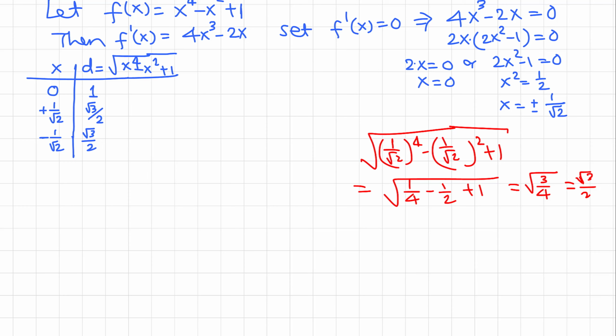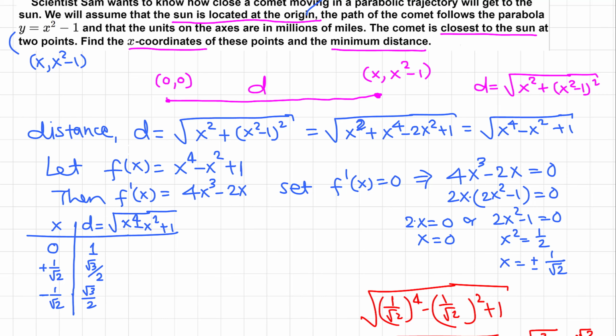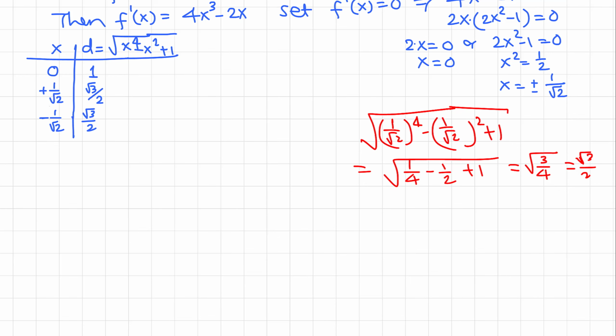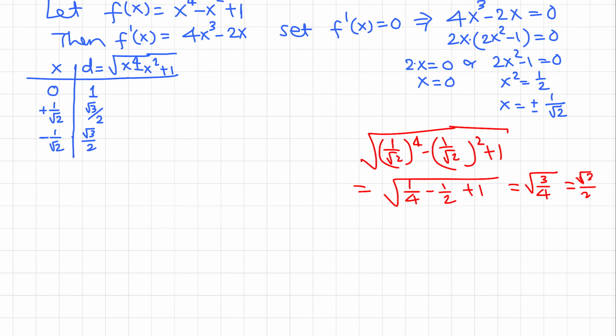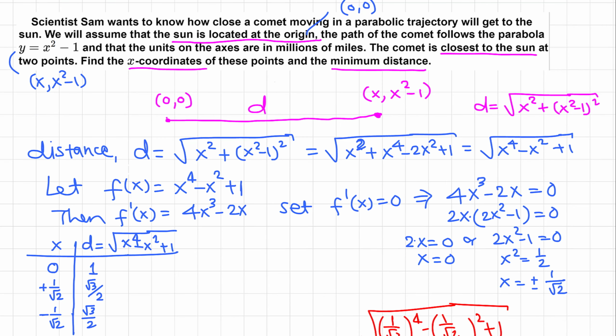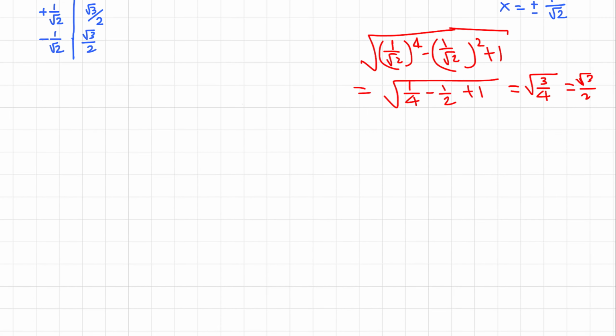So as the question claimed, the comet is closest to the sun at 2 points. We found that at x equals 1 over root 2 and at x equals negative 1 over root 2, and this is the minimum distance in millions of miles.